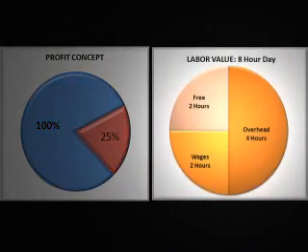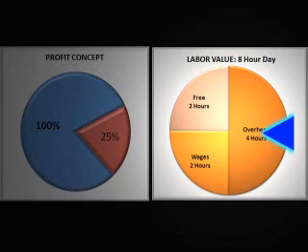If we focus on the labor value graph, we can see that it is derived from an 8-hour day. 4 hours of this workday goes to pay and wear and tear on the machinery, cost of raw stock, and the energy required to produce a product for society's use.